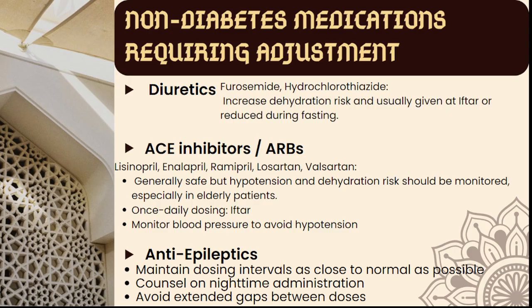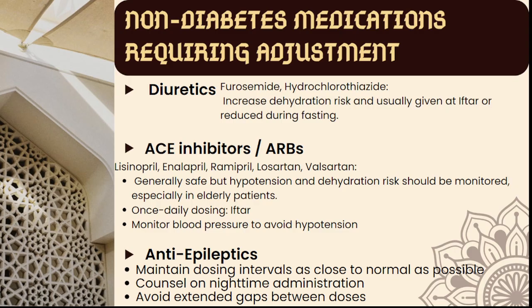I will advise the patient to keep his hydration status, take a lot of water from iftar to suhoor, minimum 3 liters, as we said, if it is not contraindicated, to avoid dehydration and avoid thrombosis risk.